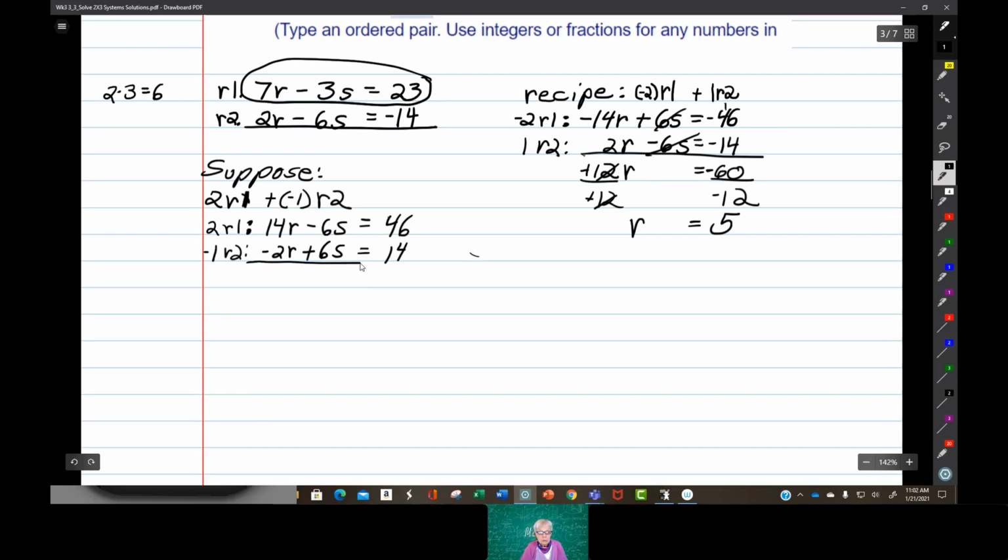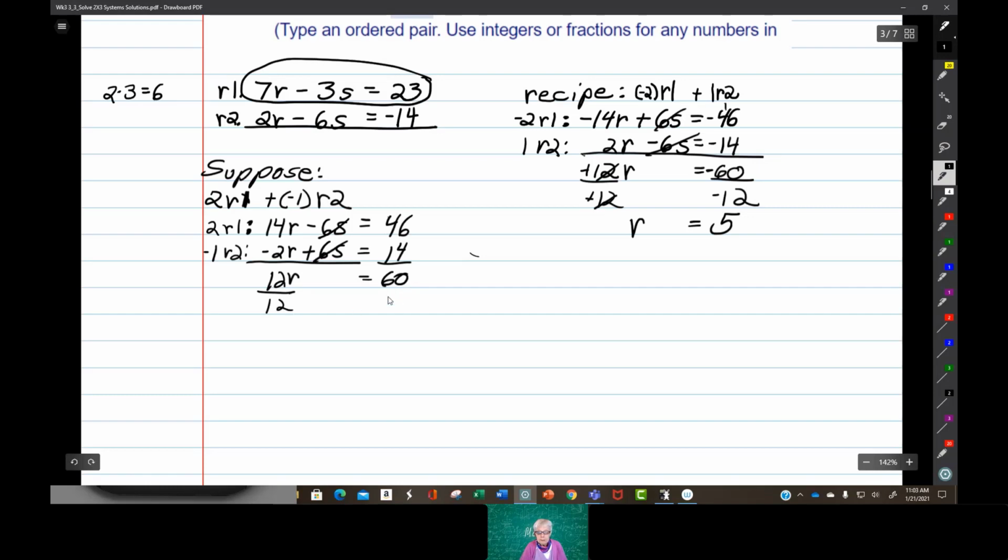So 14 minus 2 is 12. So 14R minus 2R is 12R. Negative 6S plus 6S is 0. And 46 plus 14 is 60. So you have positive 12R equals positive 60.